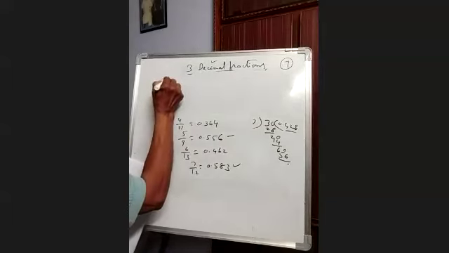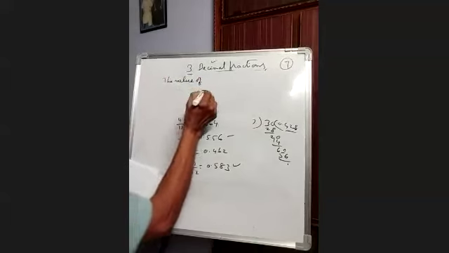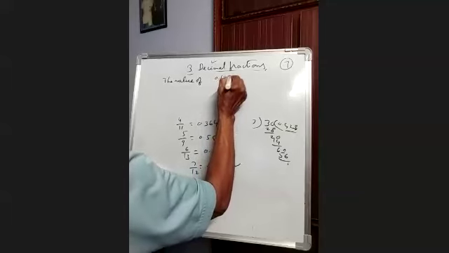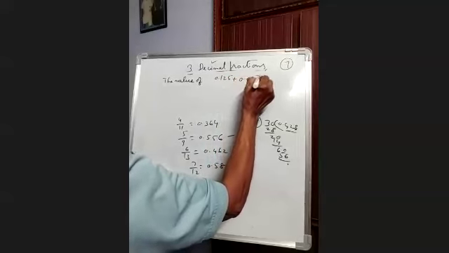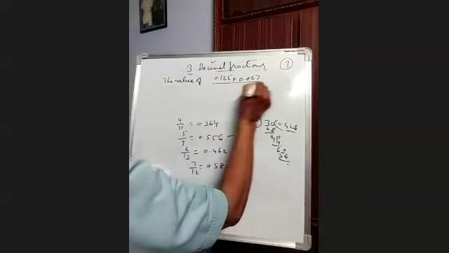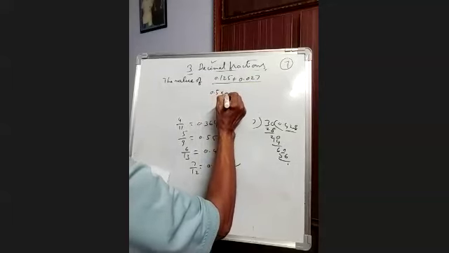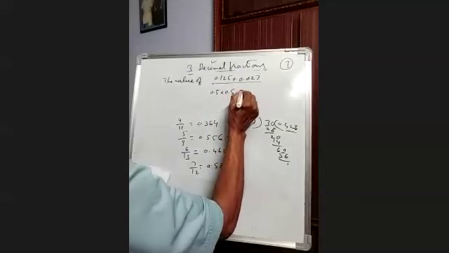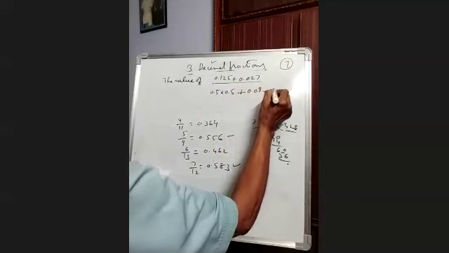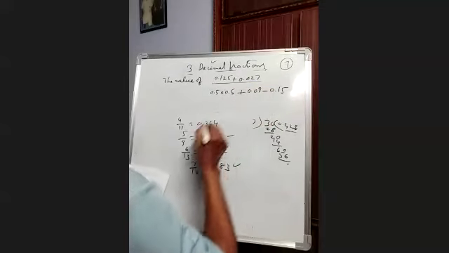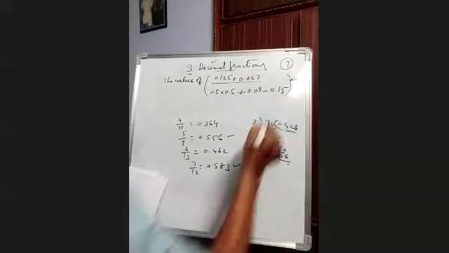The value of 0.125 plus 0.027 by 0.5 into 0.5 plus 0.09 minus 0.15 is, what is the value?